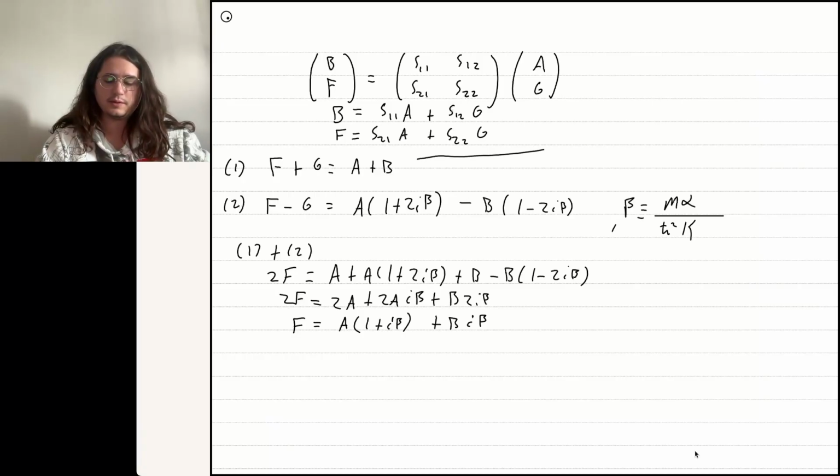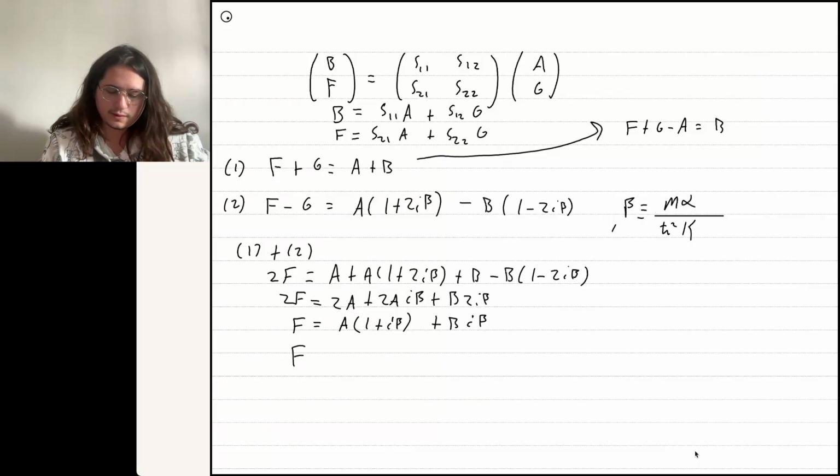So we're going to use the first equation again, but solve for B this time: F plus G minus A equals B. Plug that into this equation, so you get F equals A times 1 plus i beta, plus F plus G minus A times i beta.